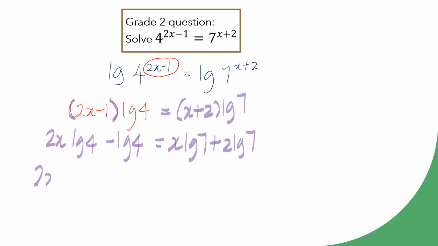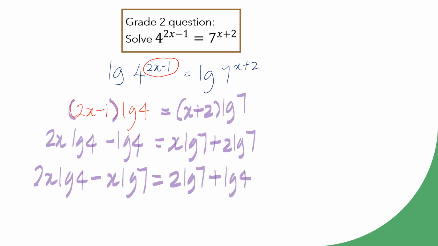So that means 2x log 4 minus x log 7 equals 2 log 7 plus log 4. Here you factorize your x out. You get x times 2 log 4 minus log 7 equals 2 log 7 plus log 4.